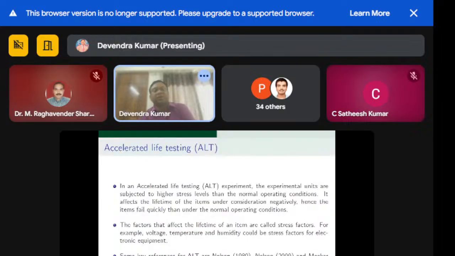Accelerated life testing: in an accelerated life testing experiment, the experimental units are subjected to higher stress levels than the normal operating conditions. It affects the life of the item under consideration negatively, hence the items fail quicker than under normal operating conditions. The factors that affect the lifetime of an item are called stress factors.